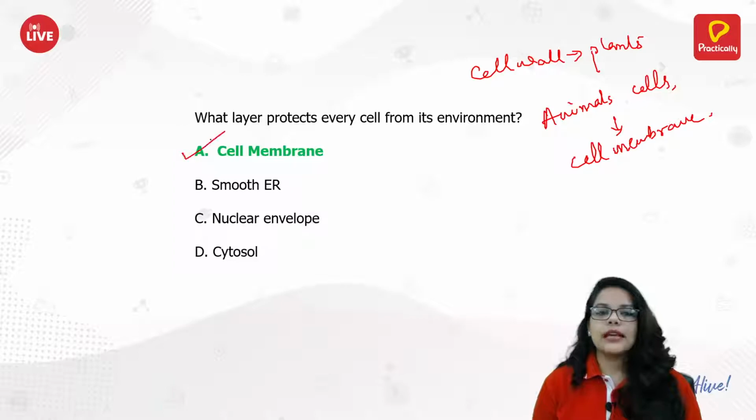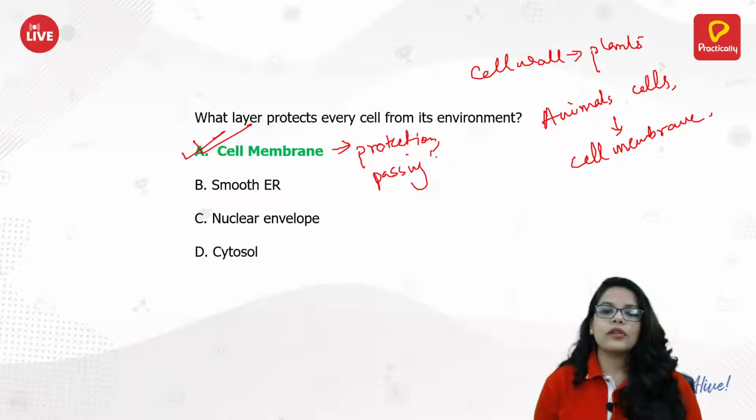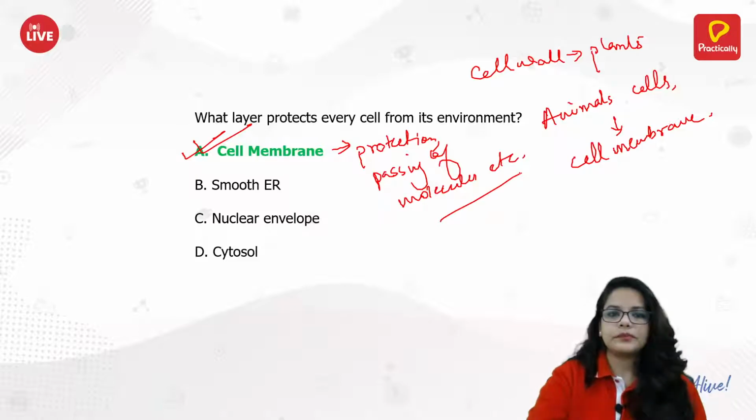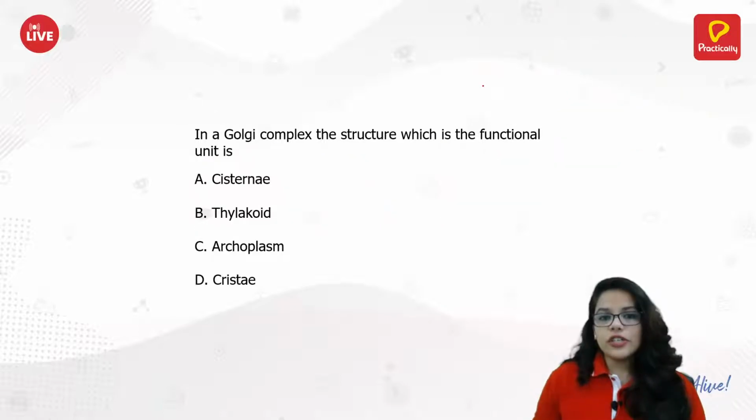So the animal cells have the cell membrane for protection and for the passing of molecules, etc. Okay. Next, in the Golgi complex, the structure which is the functional unit is cisternae, thylakoid, mycoplasm, or cristae.